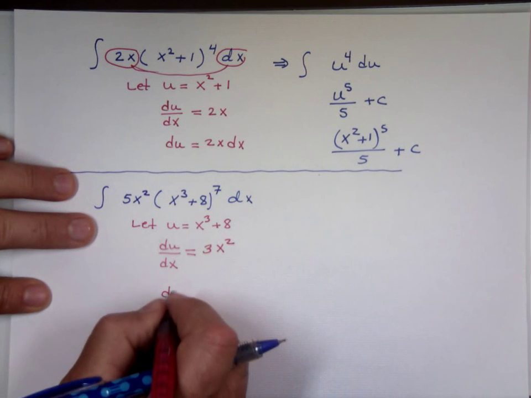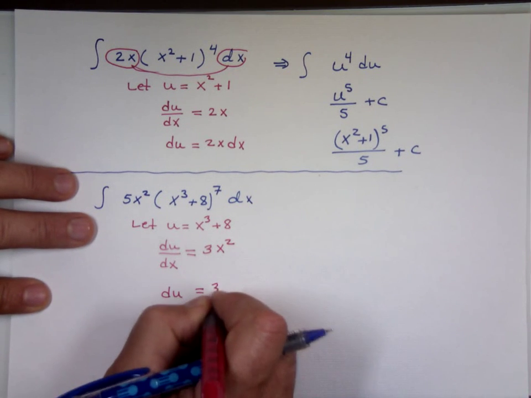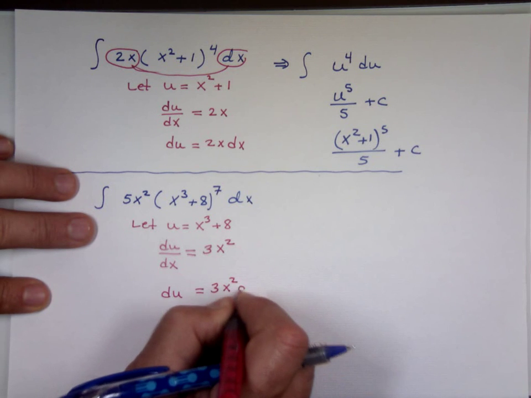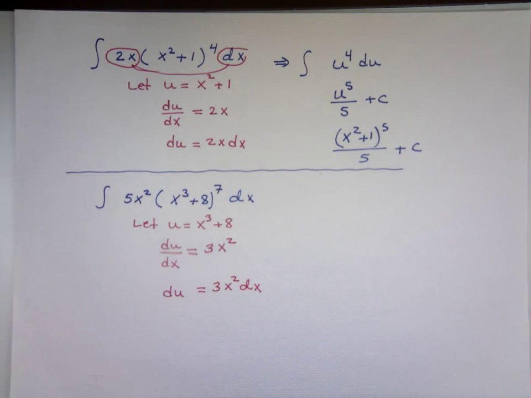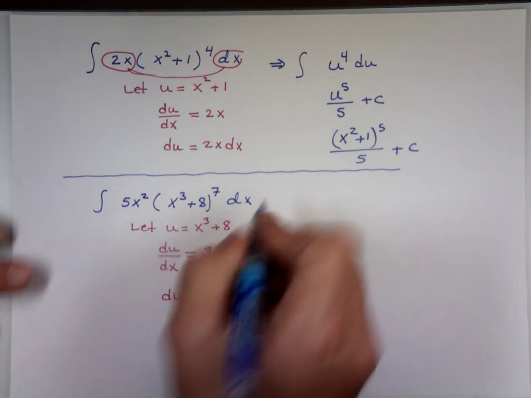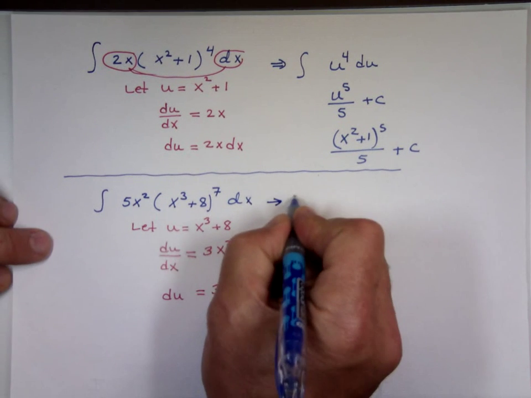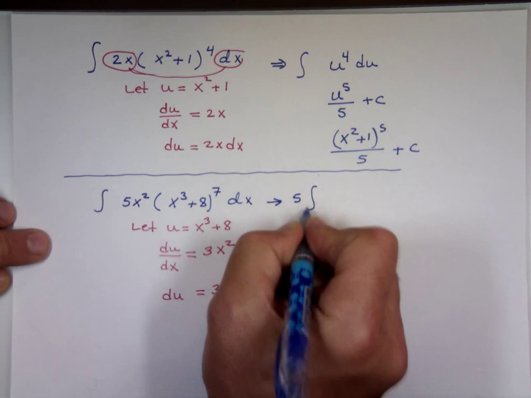And du equals 3x squared dx. Notice I don't have that. I've got a 5, not a 3. Well, let me take a closer look at that. Let me take the 5 outside and let me reshuffle this.